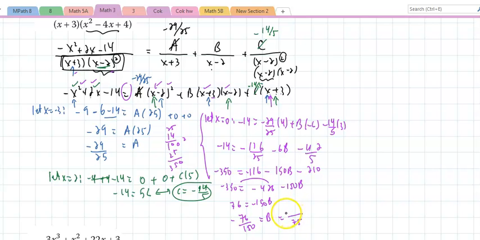Divided by 2, what is that? 38, is that right? The numbers are not nice, but there it is.